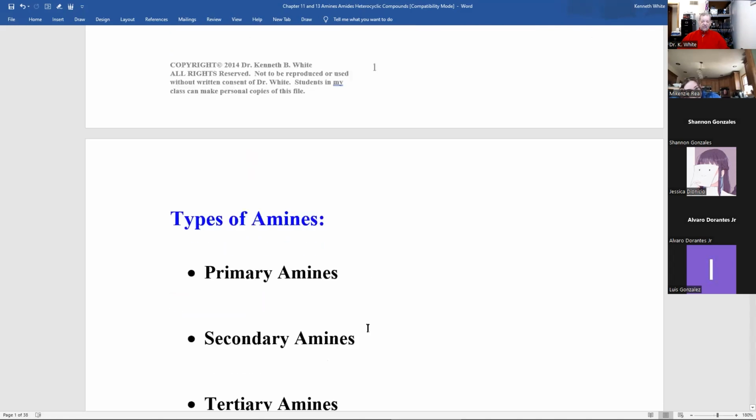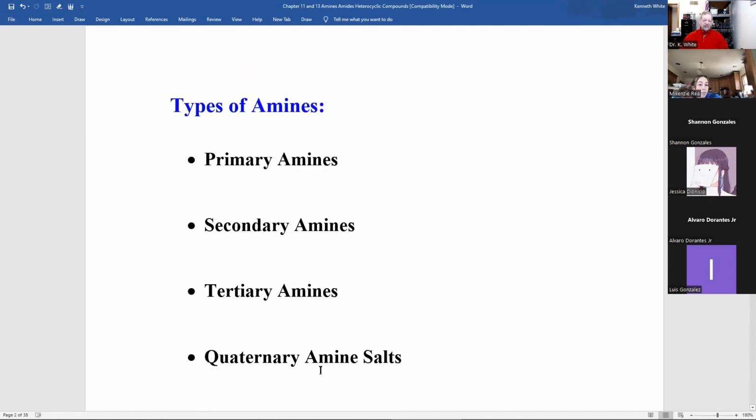Makes it interesting. Now, I'll use this terminology. This is a primary amine. This is a secondary amine. And this is a tertiary amine, where R can be the same or different.